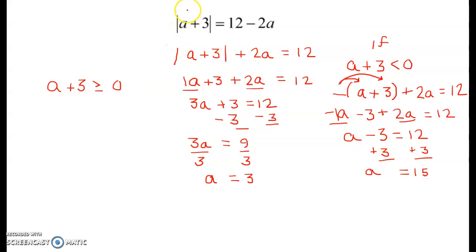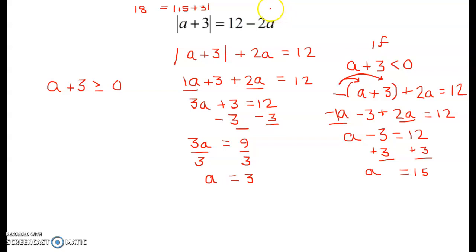Now check it out. We knew that 3 was going to work, but look what happens if A is 15. Then I would get 15 plus 3 in the absolute value brackets. That's 18. So the left-hand side would come out equal to 18.